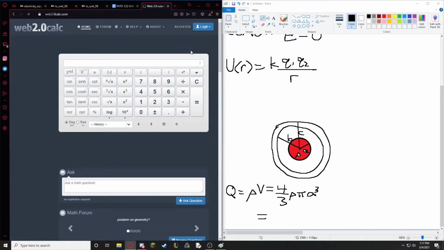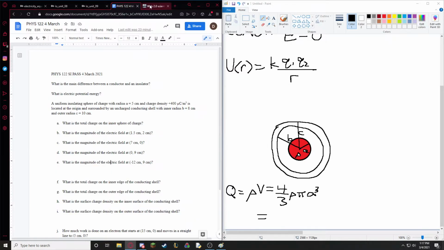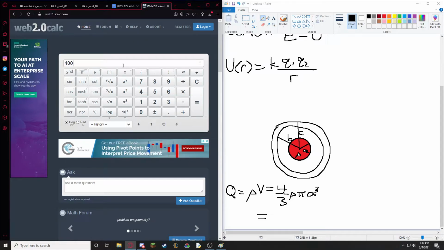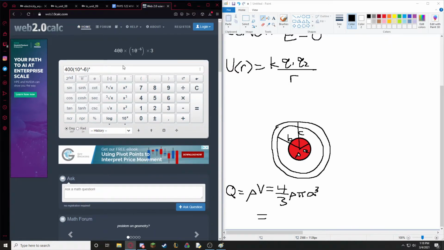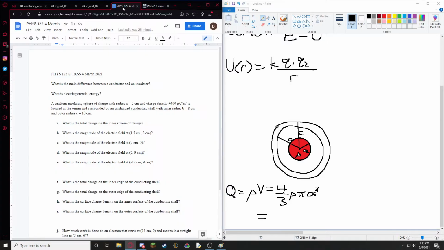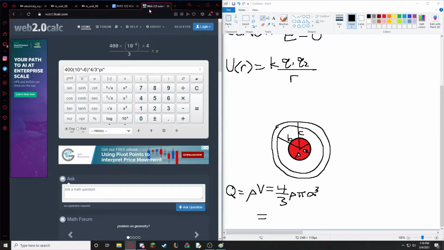Let me pull up a calculator. So we have 400 microcoulombs per meter cubed, so that's 10 to the minus 6. Keep everything in SI units. Times 4/3 times pi times a, which is 5 centimeters, 0.05 meters cubed.